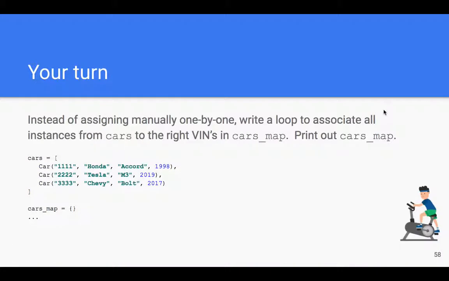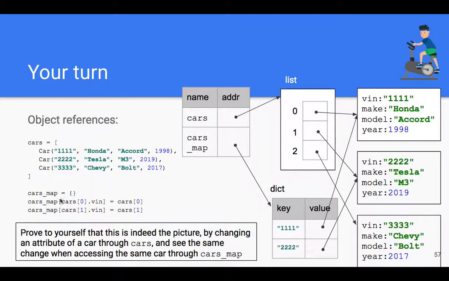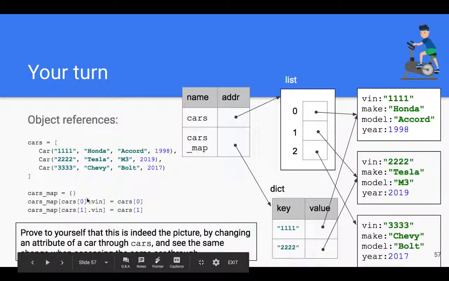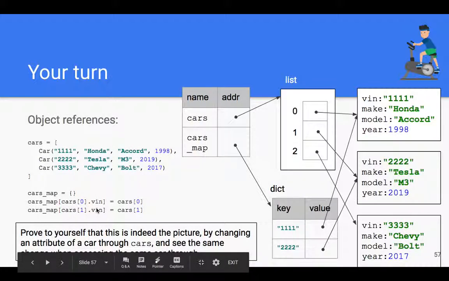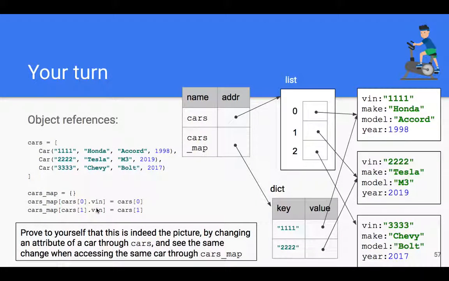All right, so the next exercise that you can do is this. What we did earlier here is we manually associated one car with one key and then the second car with the second key, right? Which is tedious and totally unnecessary.